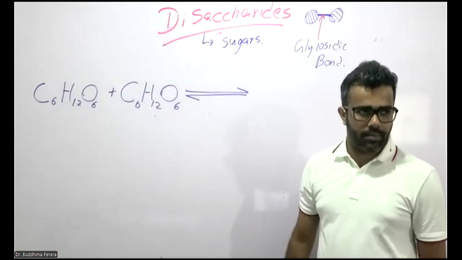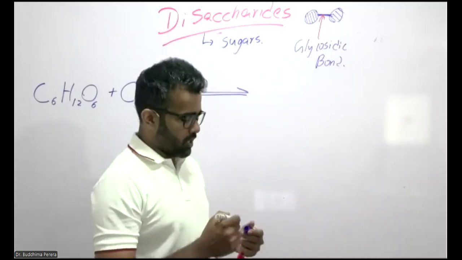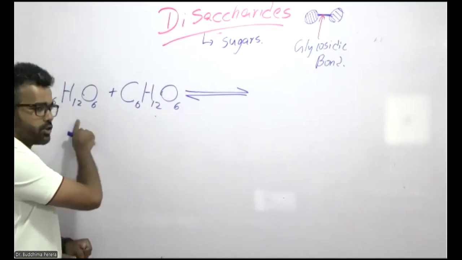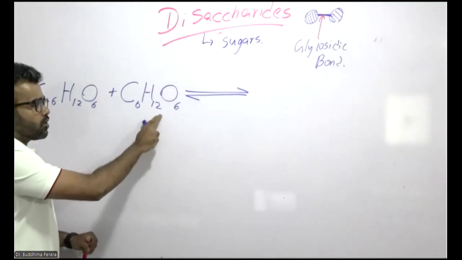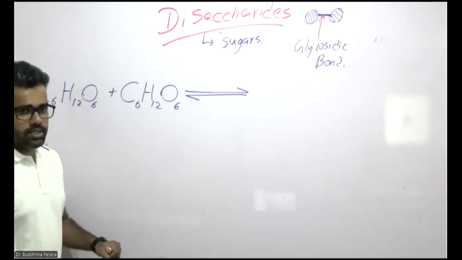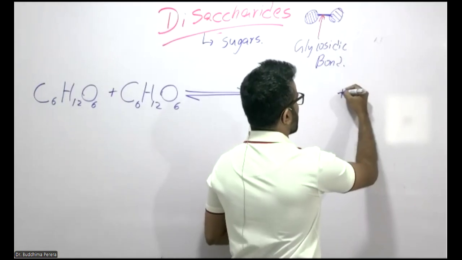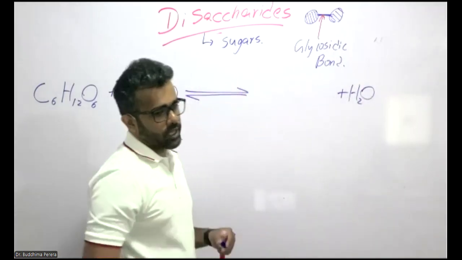I'll show you what happened. When the condensation reaction occurs and forms a glycosidic bond between these two molecules, a water molecule will go away from these two. So there should be a water molecule coming out from these two monosaccharide molecules.